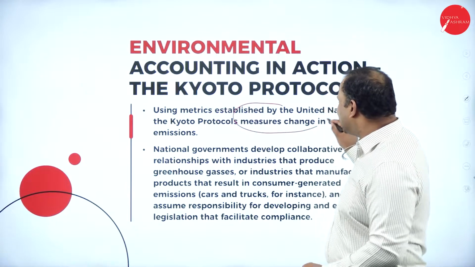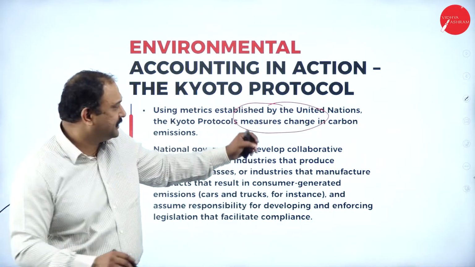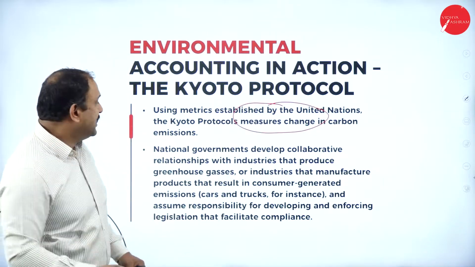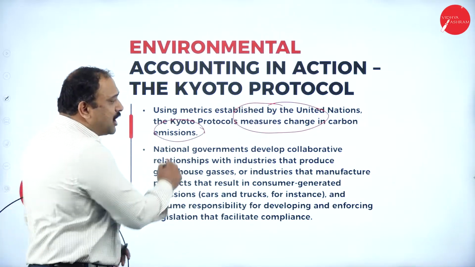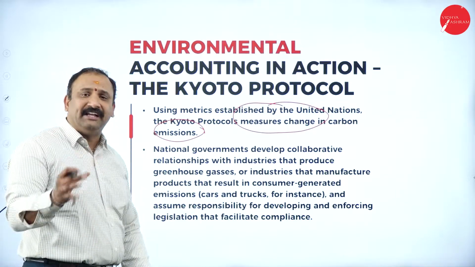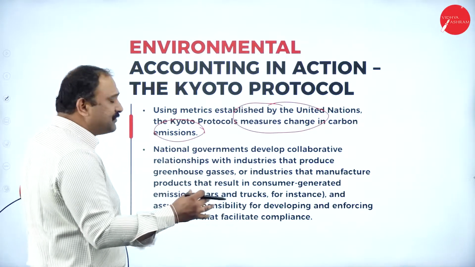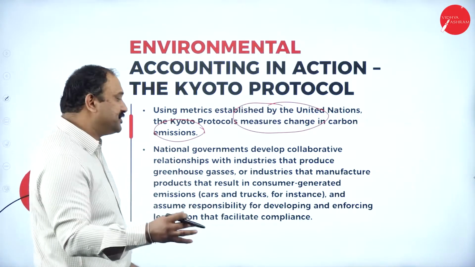Moving further, what does this Kyoto Protocol literally talk about? Using the metrics established by the United Nations, the Kyoto Protocol started pronouncing the following actions, especially on carbon emissions. National governments were asked to develop a collaborative relationship with the industries that produce greenhouse gases, or industries that are responsible for carbon emission on this earth.